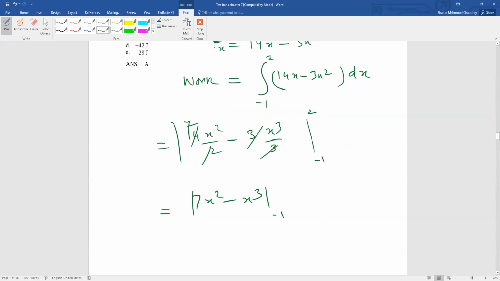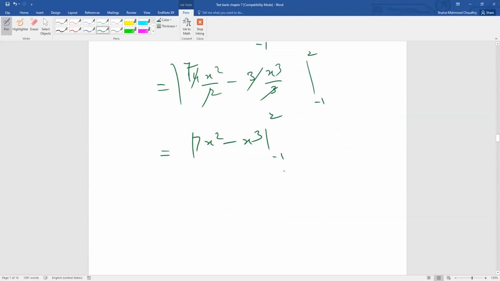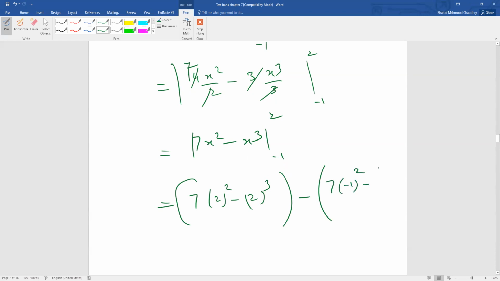So minus 1 to 2. Now you can solve it easily. First put this limit, 2: 7 into 2 square minus 2 cube. This is first limit put. Minus. Then put this limit, 7 into minus 1 square minus of minus 1 cube.